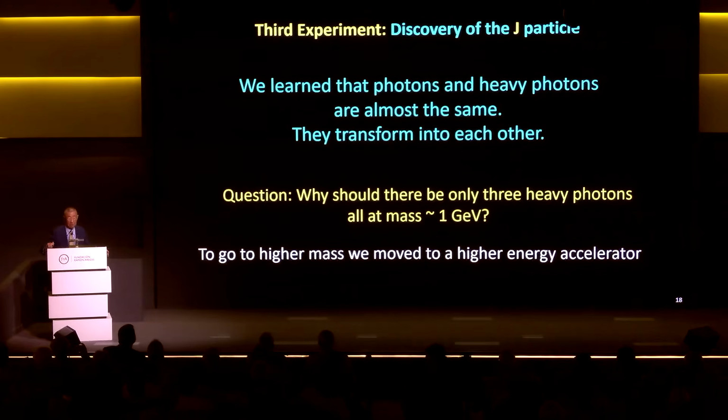Let me mention, at that time, the quark model was not the most fashionable model. And in fact, I didn't know anything about the quark model. We started doing this experiment by asking a very intuitive question. Why does photon, light ray, only go to rho, omega, phi with a similar mass? Where is the heavy one?